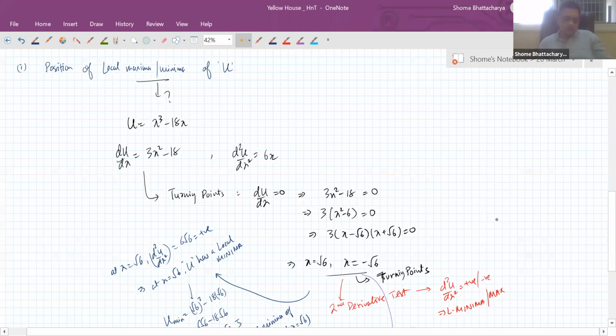So root 6 is something close to 2.45, and 12 root 6 is about 29.4.